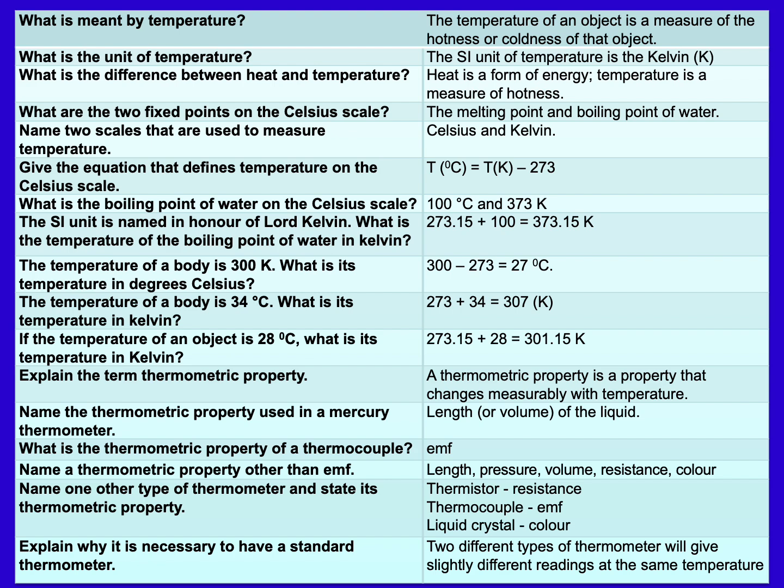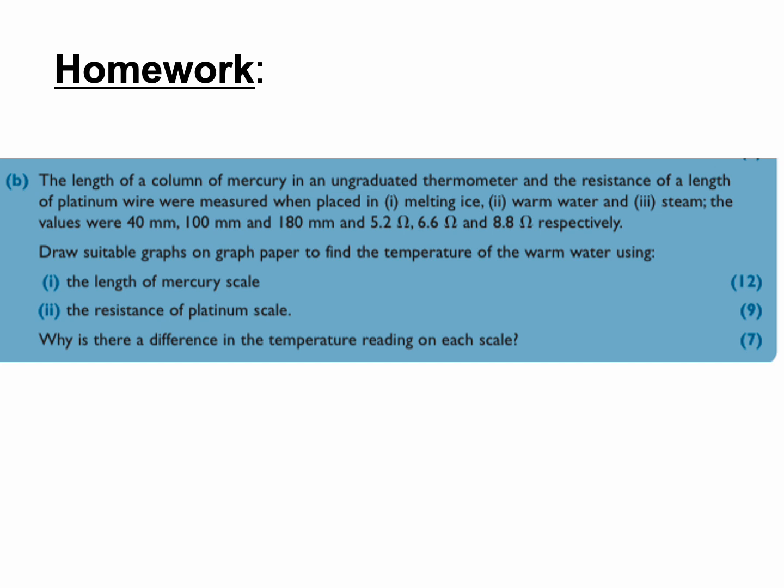Alright folks, that is bringing us to the end of chapter 14, and I'm going to leave one question with you for homework. It's very similar to the question 2 you did earlier, where you have two different thermometric properties. You have 3 points, the two fixed points of 0 and 100, some unknown in between, and you're graphing the changes in values versus the temperature.